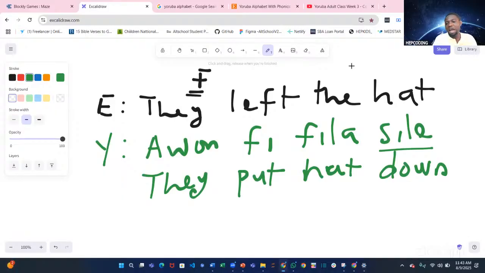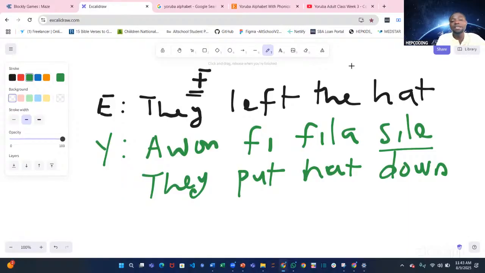They put hat down. But if you say this in English like this, people will be like, are you in kindergarten or something? So this is not a direct translation. It's going to be, they left the hat. So Yoruba will say, àwọn fi fìlà sílẹ̀.